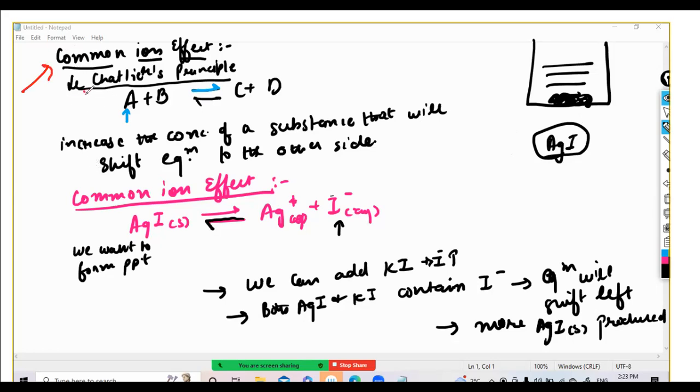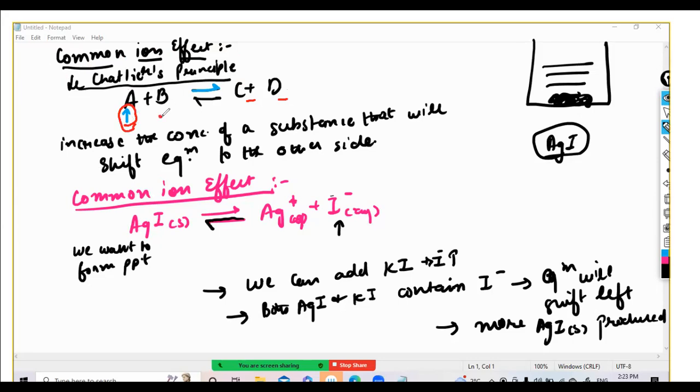This is also one of the example applications of Le Chatelier's principle. So let's look into this one. Let's say you have two reactants, A plus B, which convert into the products C plus D. What does Le Chatelier's principle say? If you increase the concentration of A, what would happen?